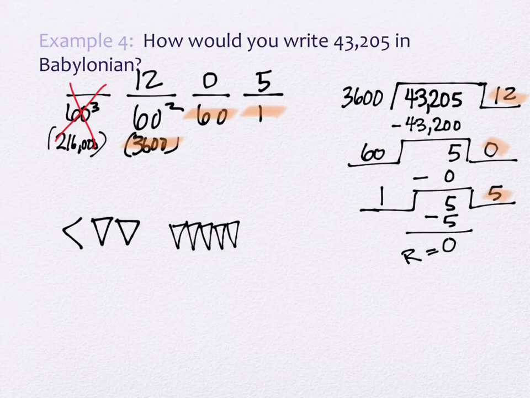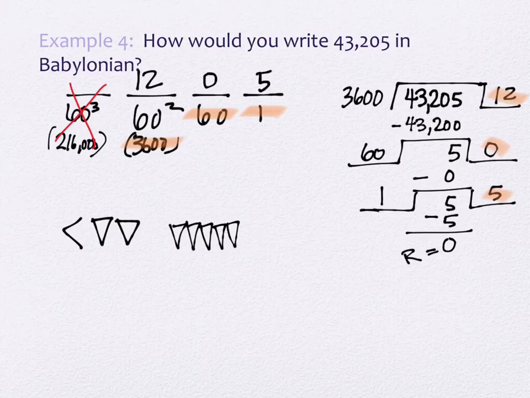Now, of course, the problem is that because I don't have a 0 in that 60s place, this also could mean 12 60s and 5 1s. And if they were a little too close together, you might just look at this and say, hey, it's 17. There are inherent problems in the system that we can't fix. They're just there.